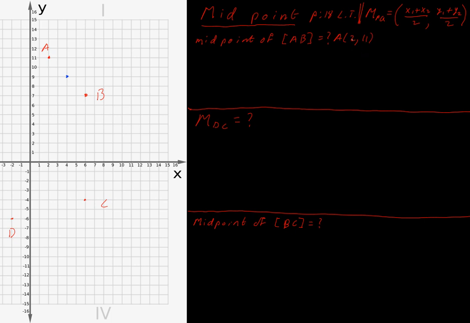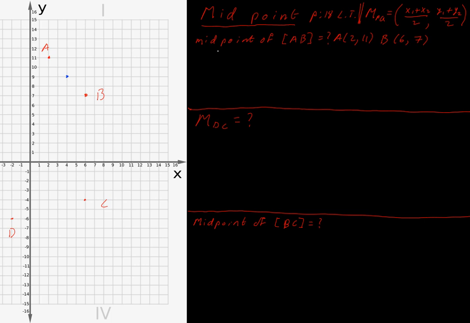X before Y, X comes before Y in our alphabet. And then B is the other point we're asked for here, capital letters for our points. We go in the door 6, up the stairs 7.